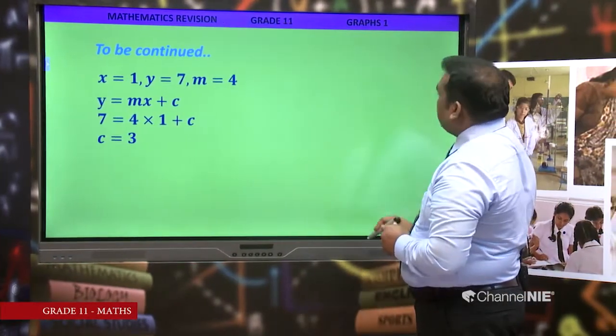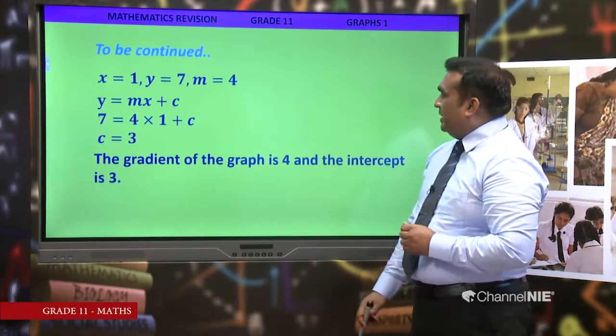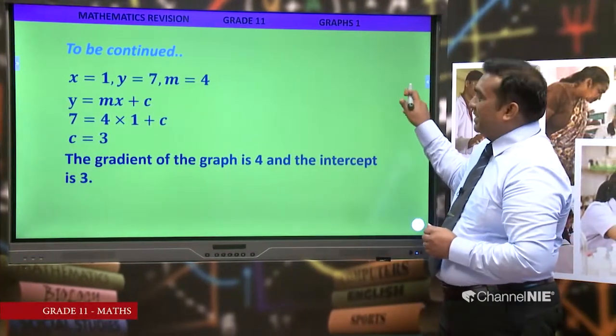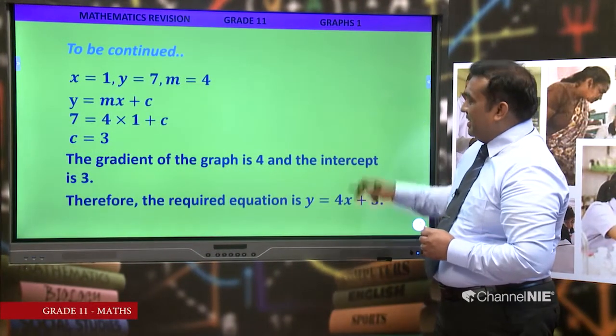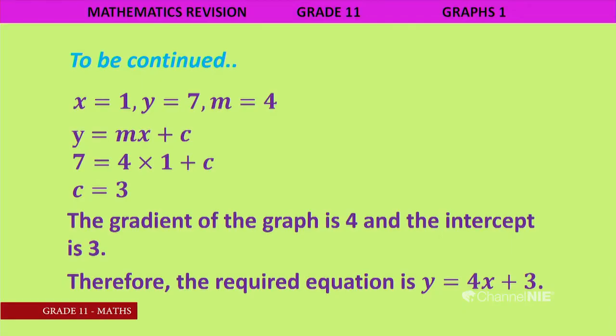Okay. Then the gradient of the graph is 4 and the intercept is 3. Therefore, the required equation is y equals mx plus c, that is y equals 4x plus 3.